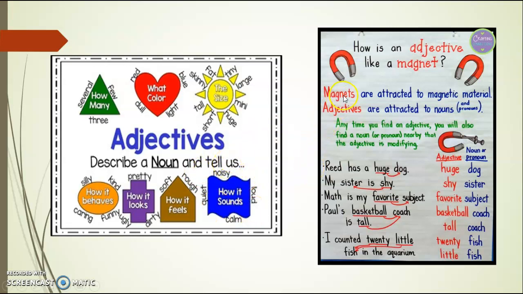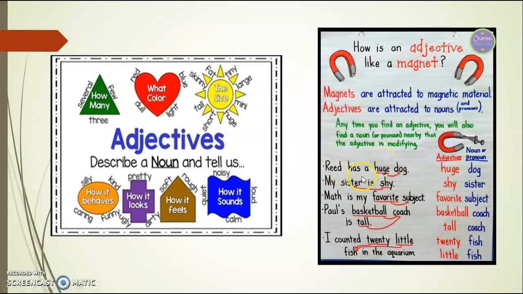We also know that where there is an adjective, there is also a noun or a pronoun close by. A noun is a person, place, or thing. So every time they're talking about a person, place, or thing, there should be an adjective describing that noun.